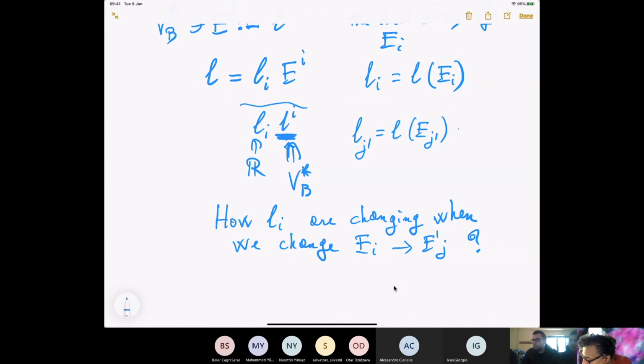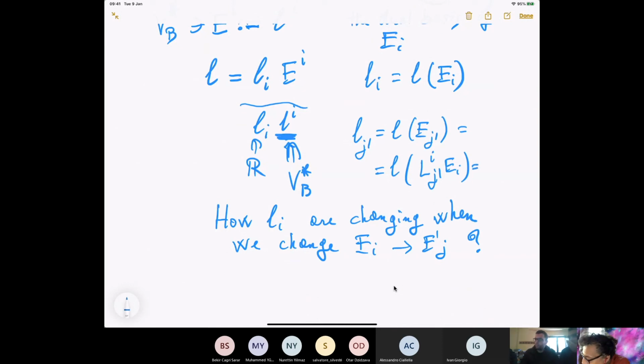Then we represent e_j' like L_ij' e_i. This is the definition of the transformation formula from one basis to the other.